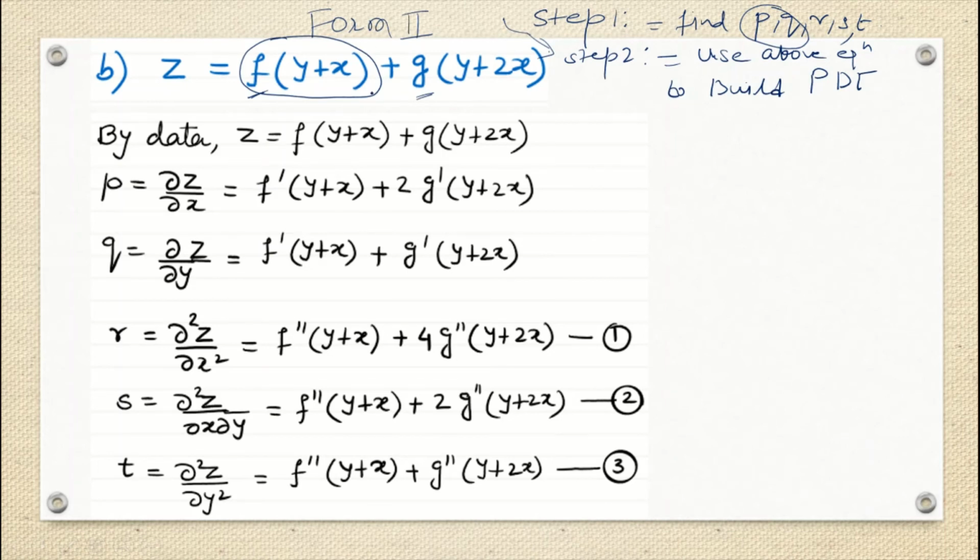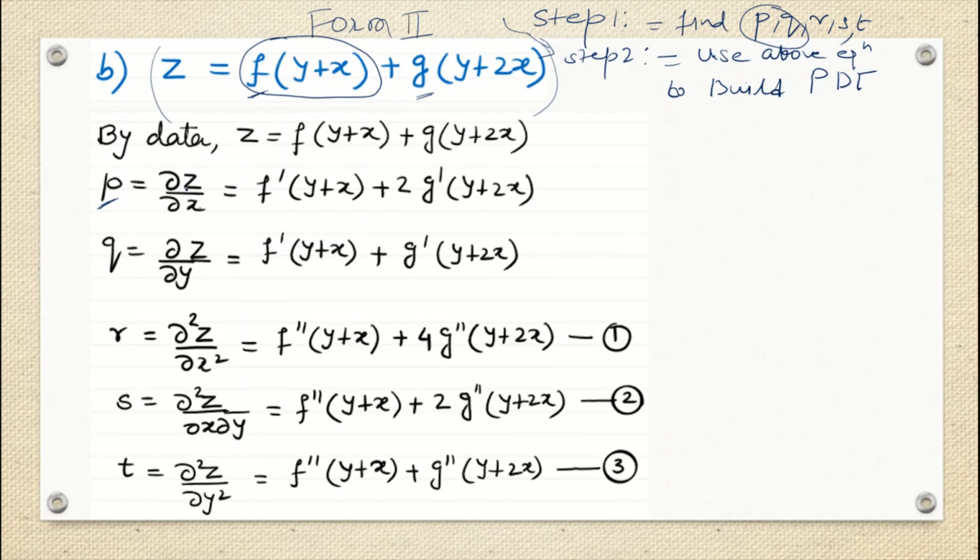So fine, we are just going to start with partially differentiating z, I mean this complete equation, with respect to x and with respect to y. So if I'm writing down p, it is del by del x of z. Left hand side is del by del x of z, right hand side is what?